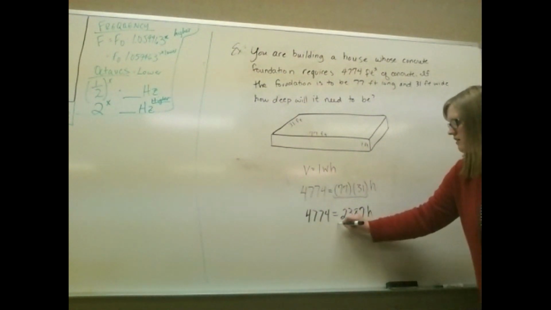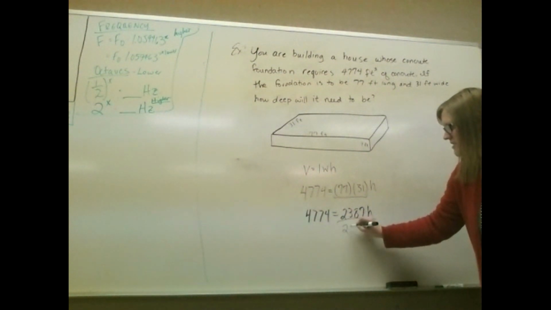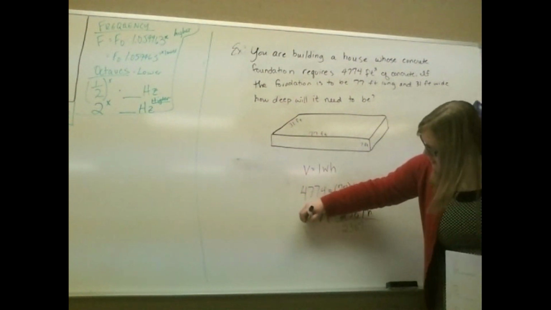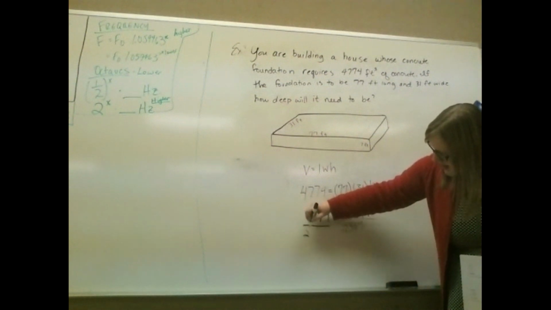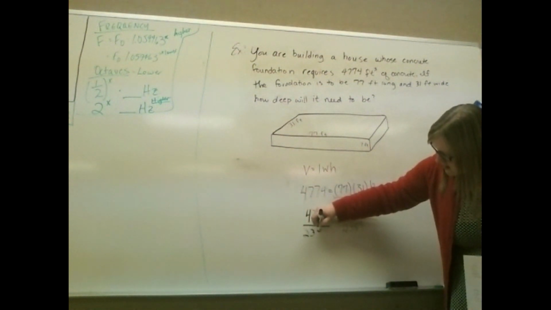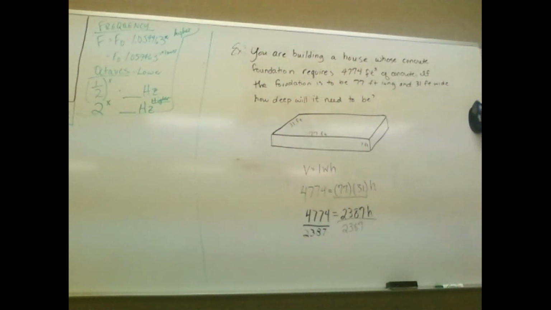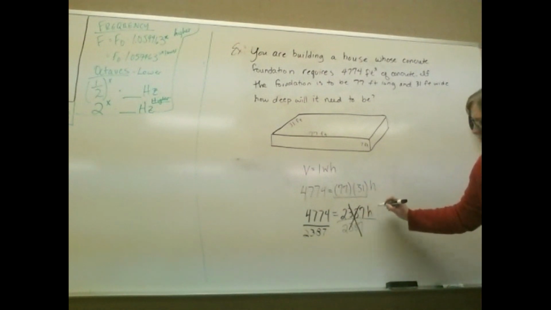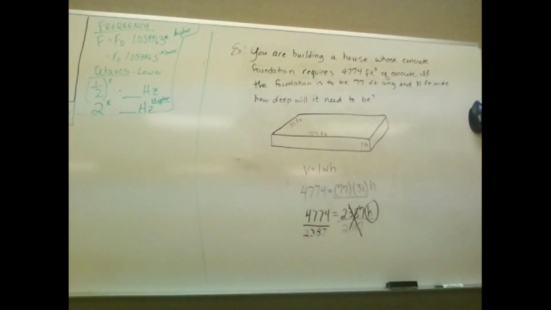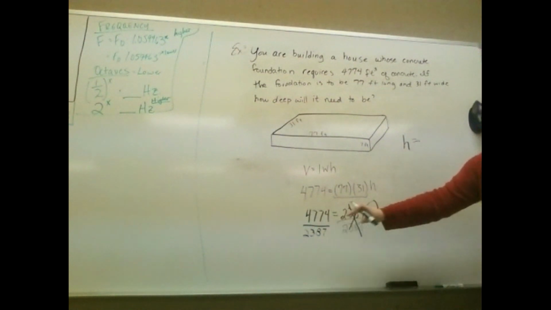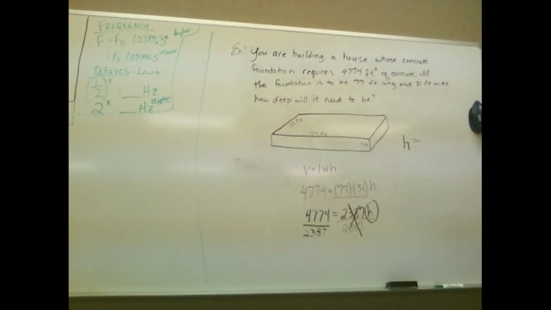We're going to divide this side by 2,387, and then divide this side by 2,387. This cancels and we're just left with H. So H equals, if you divide that out, of all things, 2.